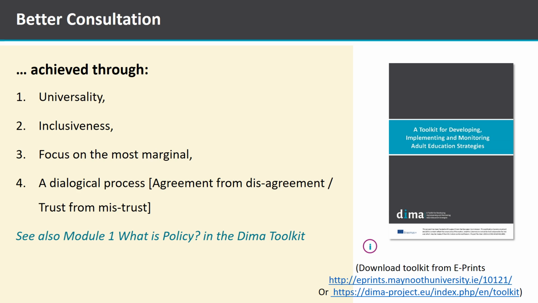It will also ensure that there's a building of trust rather than mistrust. In this context, we suggest you refer back to Module 1, What is Policy?, to consider how policy fits within this notion of better consultation.